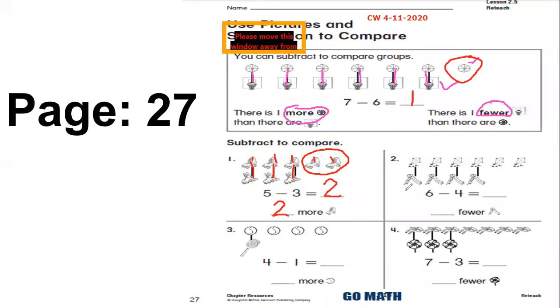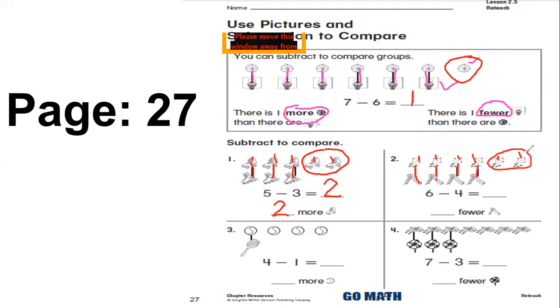Now, question number 2. 6 minus 4. So we are going to match here. So look how many kites we have here. 1, 2, 3, 4, 5, 6. So we have 6 minus 1, 2, 3, 4. So 6 minus 4, how many remaining?